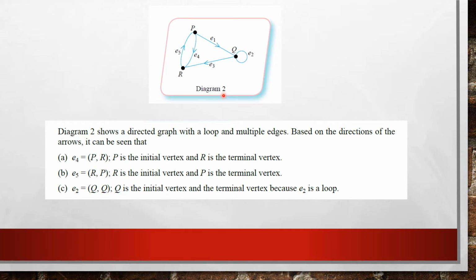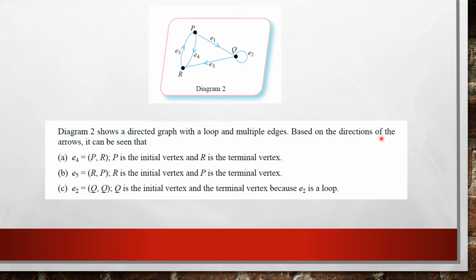Diagram 2 is a graph with multiple edges and a loop. So Diagram 2 shows a directed graph with a loop and multiple edges.